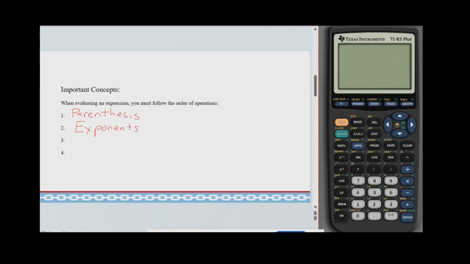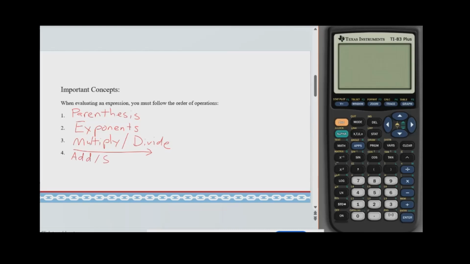Step 3 is your multiply divide step. And remember that multiplication does not necessarily come before division, right? Those are going to go in order across from left to right as they come up in the problem. And number 4 is your add and subtract step.